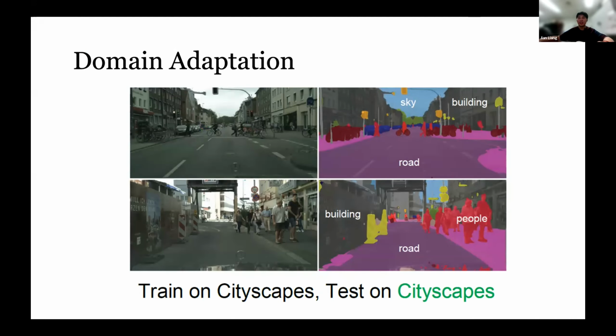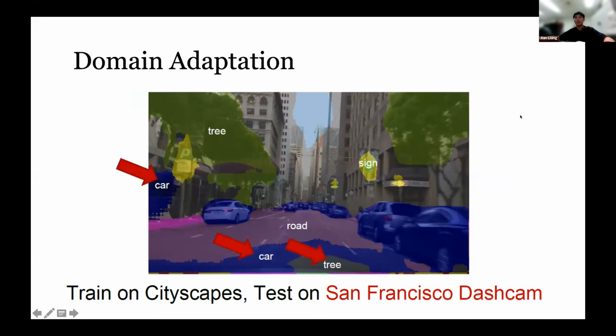Here in this slide, I just try to explain. When the training set and the testing data are from the same dataset, the performance looks quite good, right? So the building, the people, the road are well classified. Maybe turn to the next page. Oh yeah.